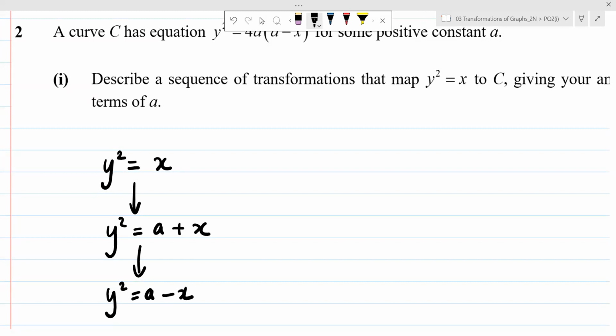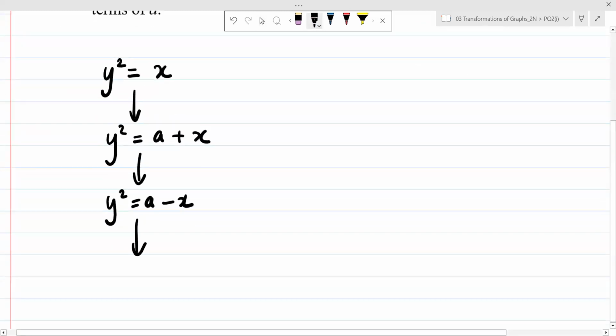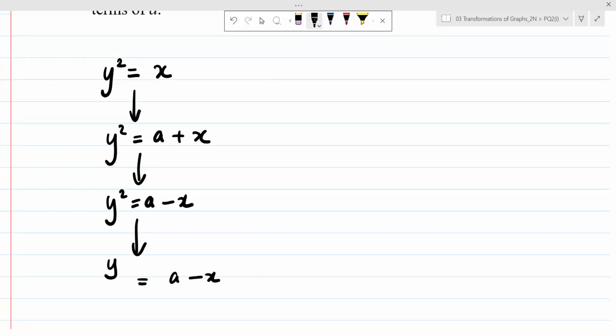You can, but it wouldn't be replacing y with y over 4a. You'll be replacing y with what? 2 square root a, because of the square outside.